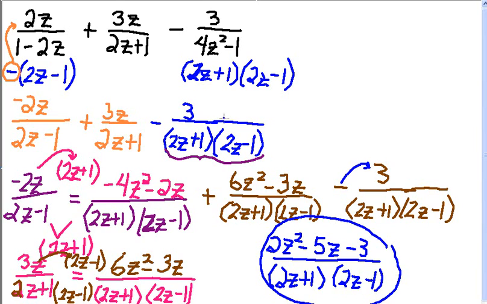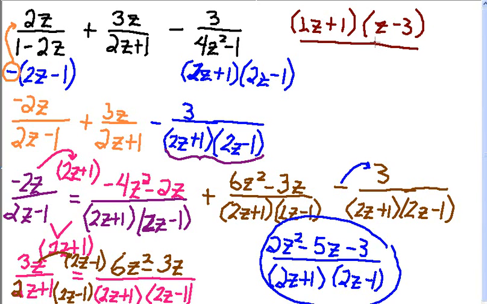Now in this case, there is one more step we could take. We could actually factor out the numerator. And if you take the time to do this, you will see that the numerator factors into 2z plus 1 times z minus 3. Now our denominator was 2z plus 1 times 2z minus 1.